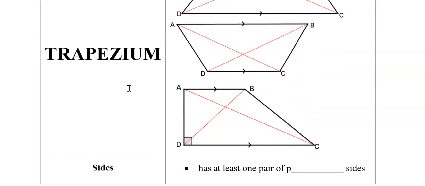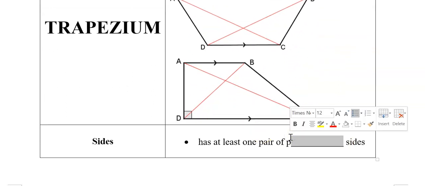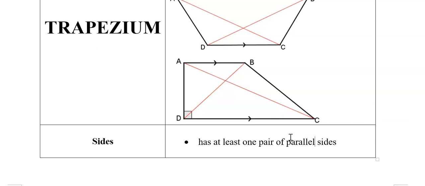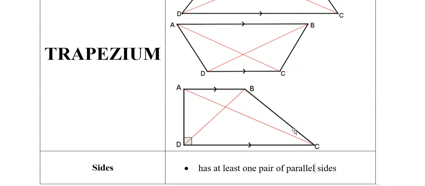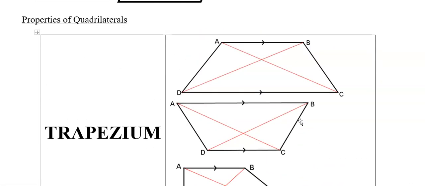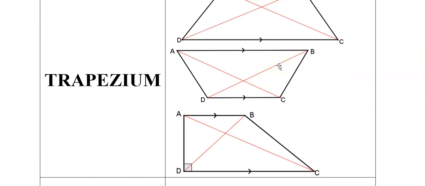Trapezium has at least one pair of parallel sides, and that's the main criteria for trapezium. So trapezium is a four-sided figure with a pair of parallel sides. As shown in these three figures, these are three examples of how trapezium can be.